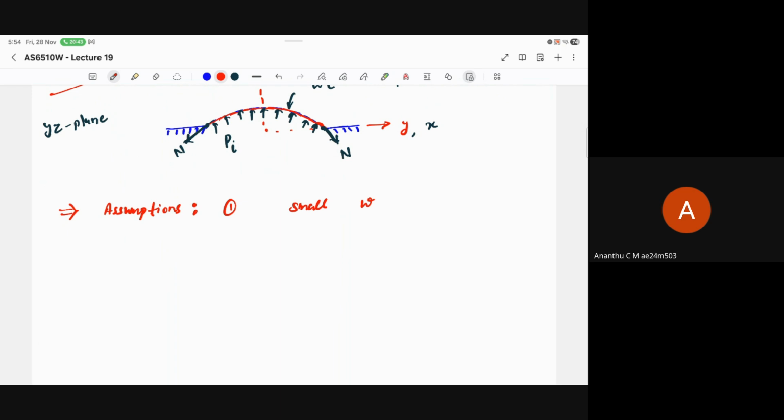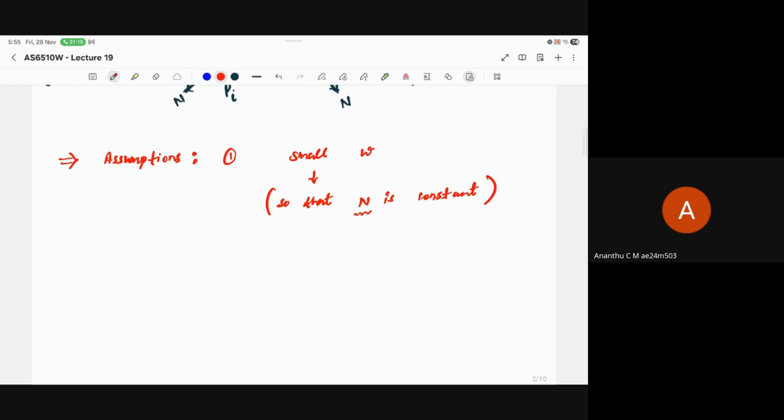We are talking about small displacement, and because of this, the tension force N is constant. If you consider very large displacement for the membrane, then this assumption will not be valid. This tension force in the membrane will not be constant. It will vary along the membrane.